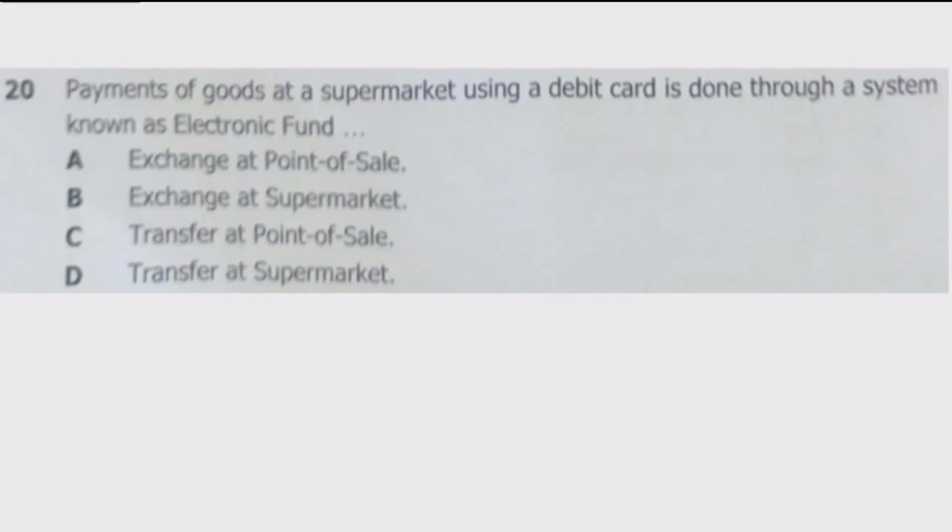Question 20 is as follows. Payment of goods at a supermarket using a debit card is done through a system known as electronic fund dash. A, exchange at point of sale.